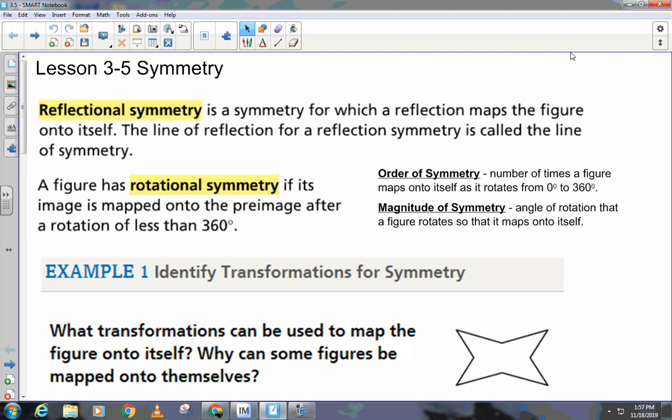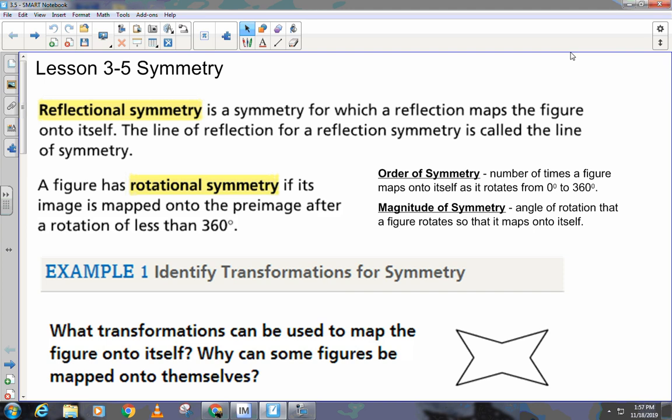So your face kind of has a line of symmetry to some extent. You draw a line down the middle of your face, one side reflects the other. In any shape with reflectional symmetry, you should be able to draw a line and fold along that line, and everything on one side should map up to the exact same thing on the other side. Okay? So that is reflectional symmetry.